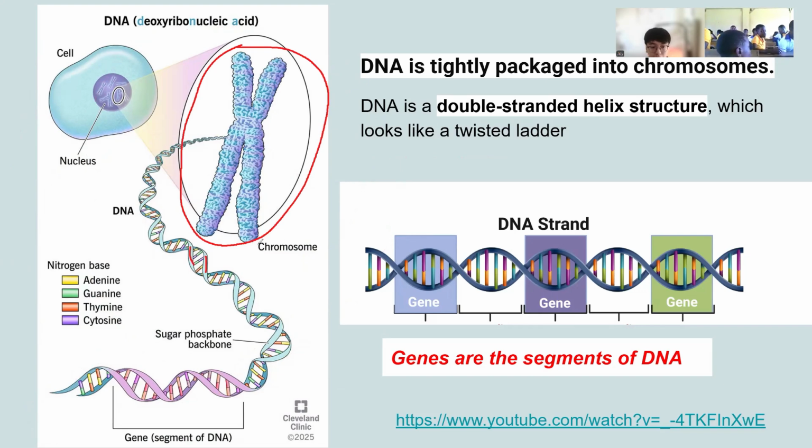And this DNA coils up, it's tightly packaged inside the chromosome. So DNA is coiled like this, and they form chromosomes as tightly packed DNA. But DNA is double-stranded.